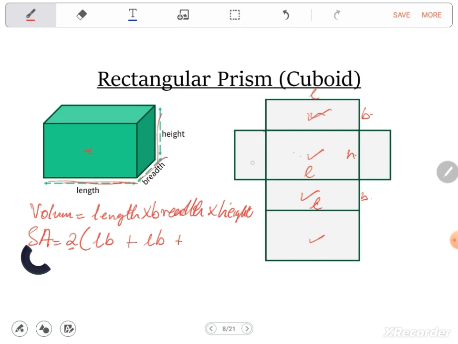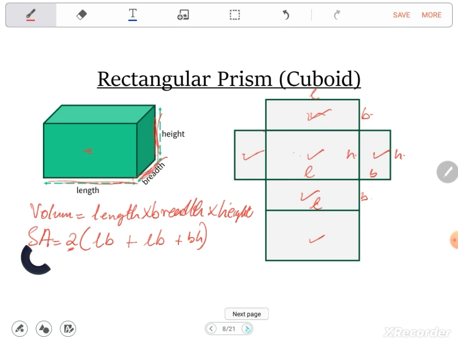We have the right-hand side, which will have the breadth, and it also has the height. It will be the breadth times the height. But because the right-hand side is equals to the left-hand side, that's why we also have the 2 there, all right? So that is basically what happens with the rectangular prism.